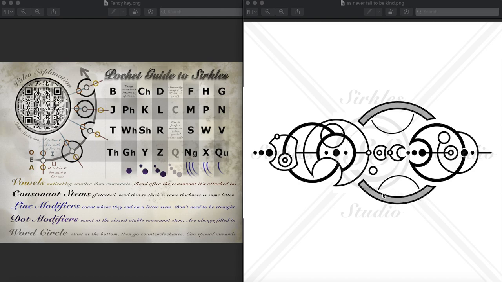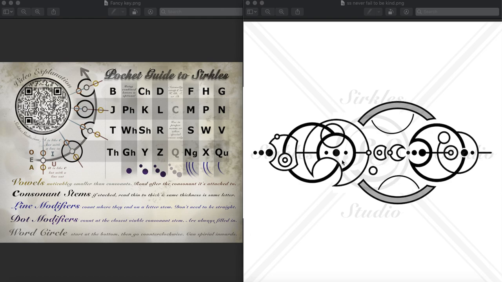Though be careful if you put in open circles or closed circles, things that look like dots or circles, they look like punctuation because these are the sentence circle lines, or look like the sentence circle lines. So if you put dots or circles on here, they would look like periods in the middle of the sentence between the be and kind. So yeah, you would want to avoid putting, I guess, open circles or dots here.